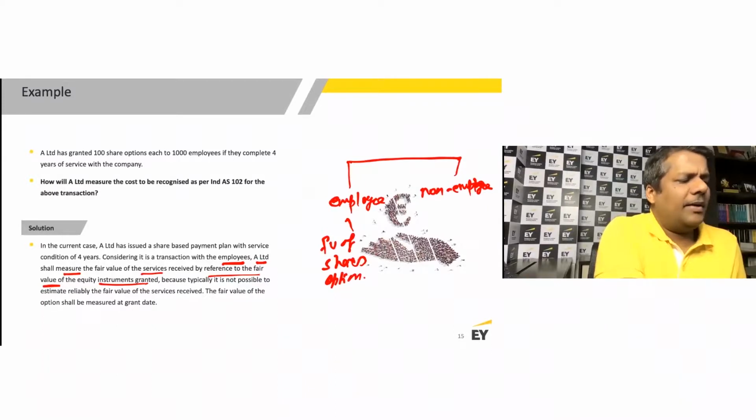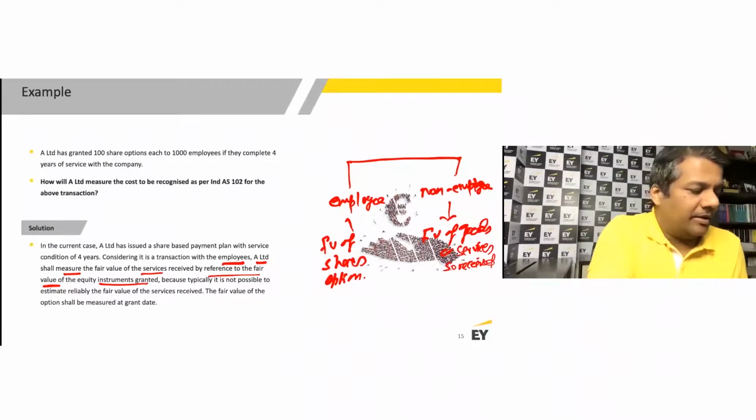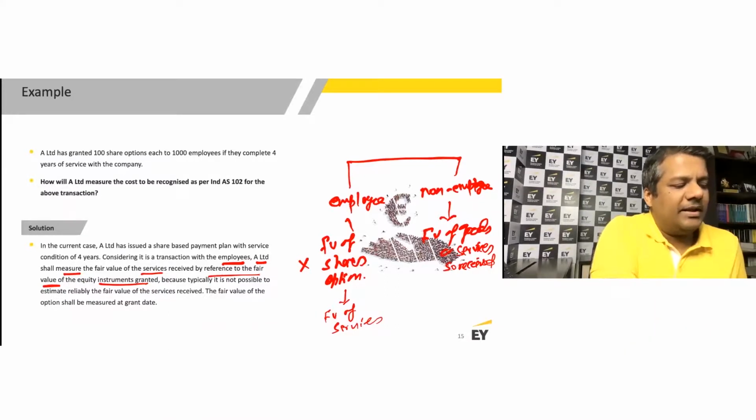And here, the first option is fair value of the goods or services so received. If this is not available, then you do the fair value of the services, which is very difficult to determine. And in this case, if this is not available, then you go to fair value of shares.